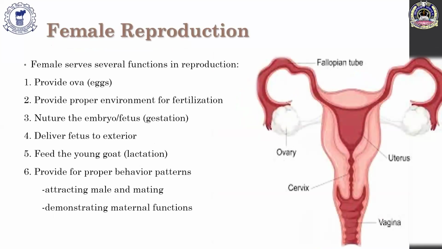Before the artificial insemination procedure, we must have an understanding of female reproduction. In female reproduction, the female possesses several functions.